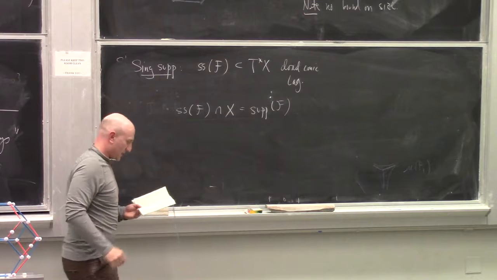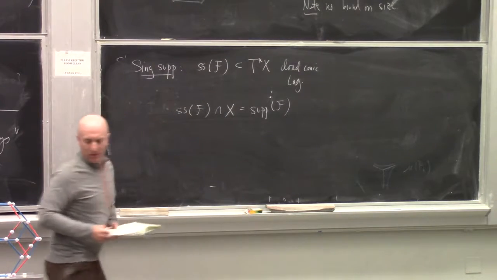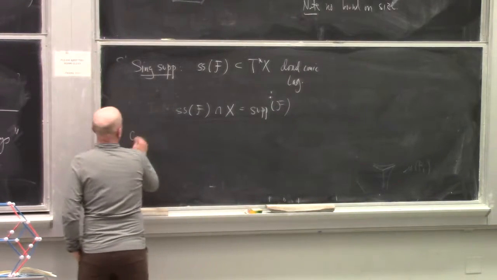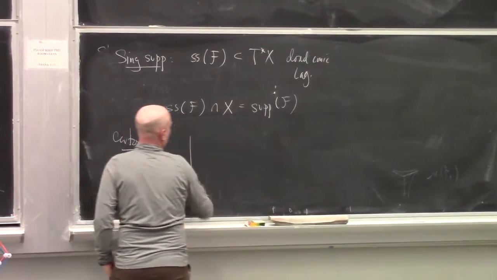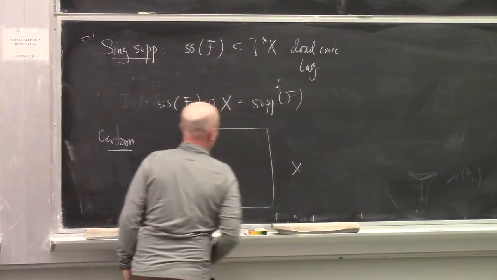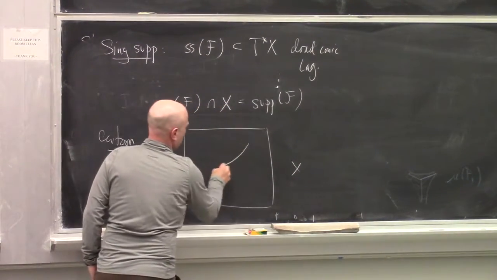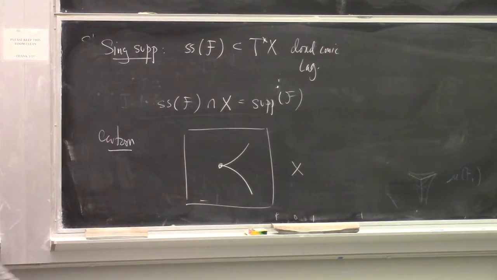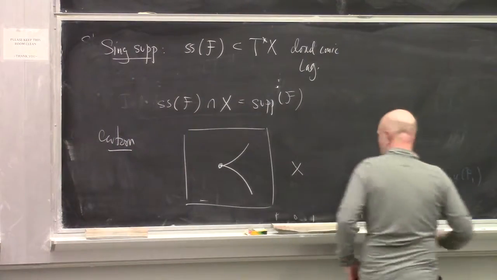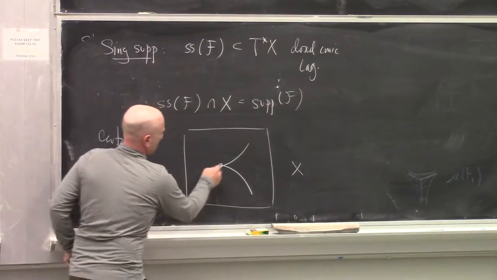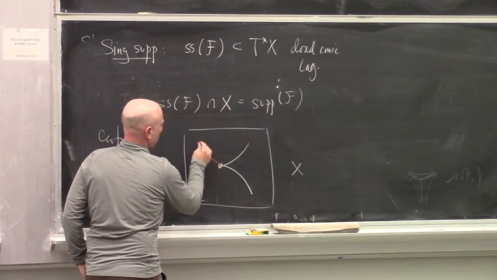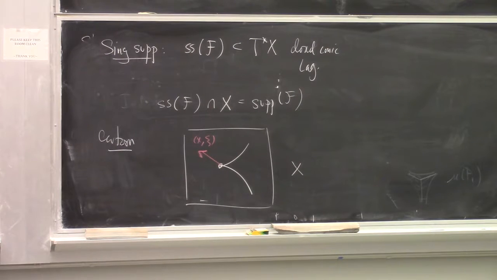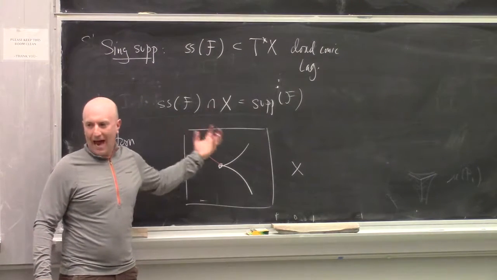So this is some kind of version of support. Let me try to explain, because that'll be important later, at least in a cartoon, how you do this. Here's X, and say my sheaf is constructible with respect to this stratification. There's a picture of the stratification. Now you're interested in some covector, say this covector, at the point x. This is some covector in the cotangent space, and you're interested in asking, does my sheaf have support at this covector?